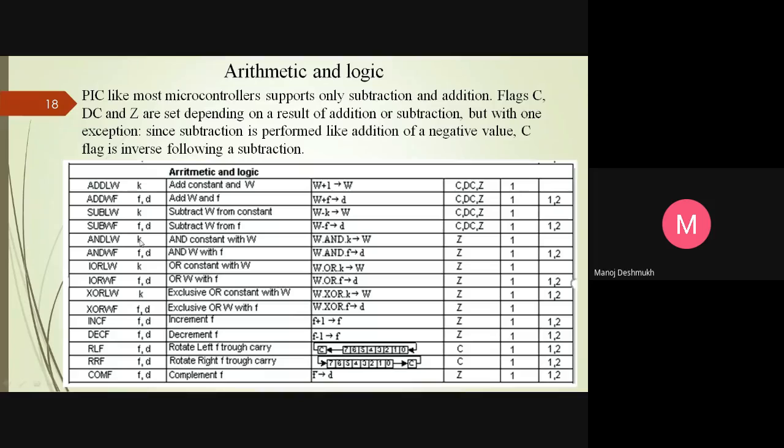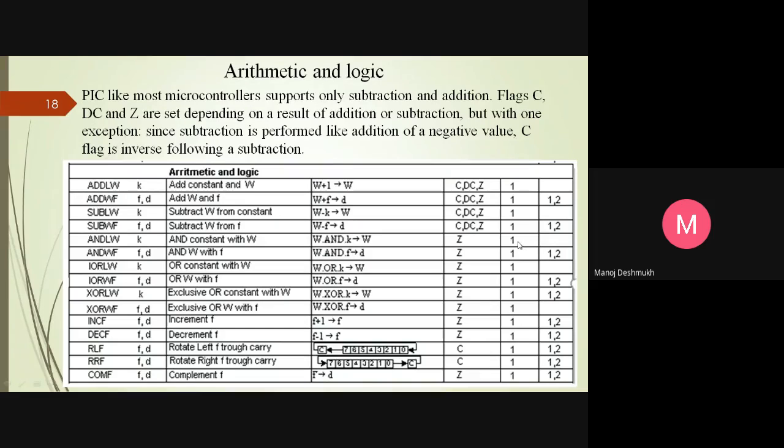Suppose K is 20, 02, or 08H. It will be logically ANDed with the content of the working register, that is W, and the result will be stored in W. In this case, the zero flag may be affected.